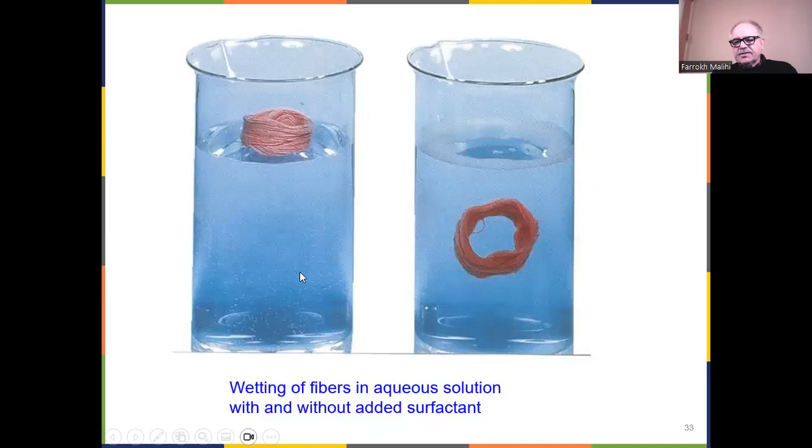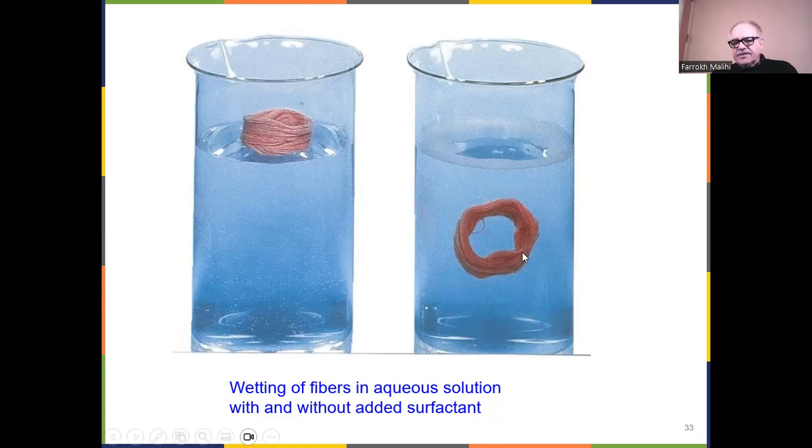And here is this effect of surfactant, clearly shown. We have some fiber here, cotton fiber, that is placed on top of pure water. In this case, this cotton is not wetted and just sits on top of the water.